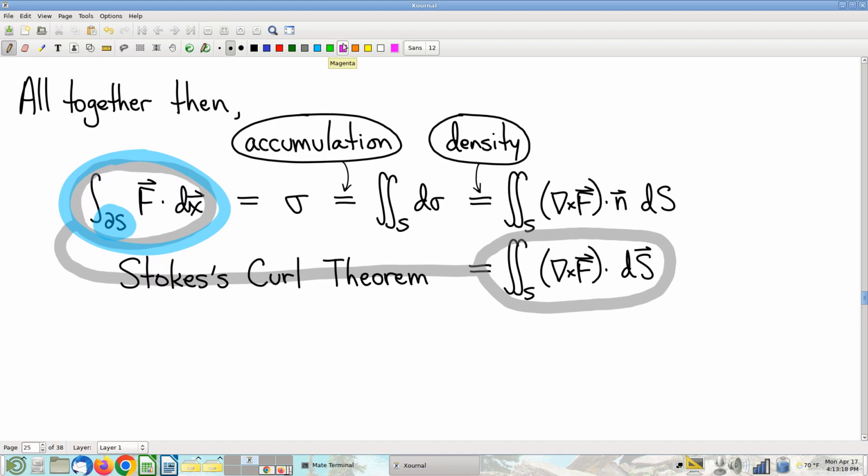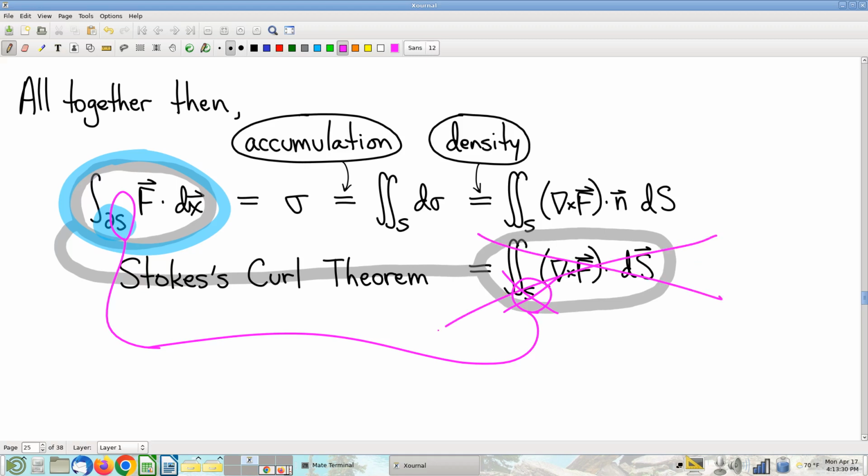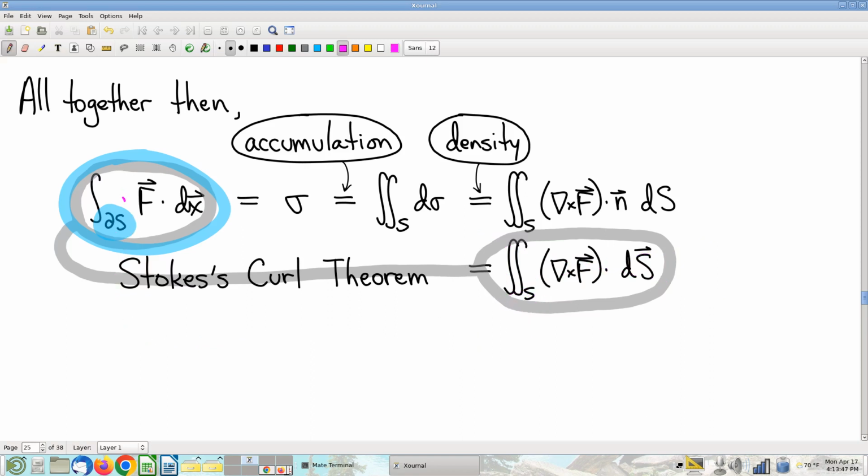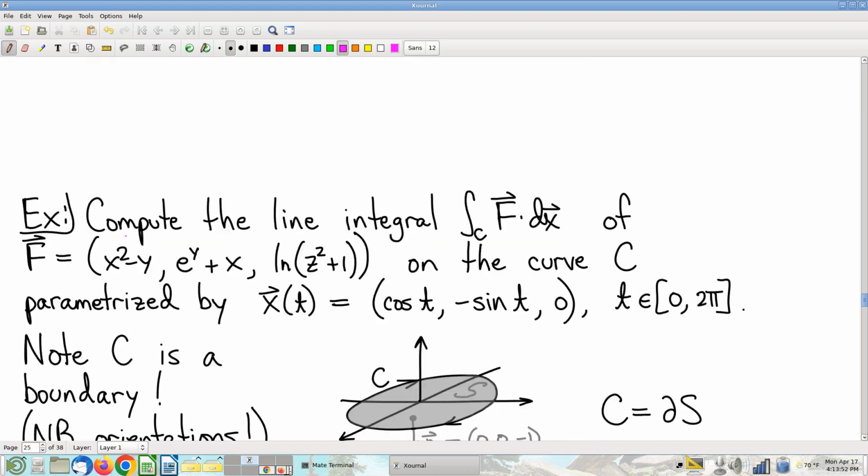If it's not a boundary, then there is no surface whose boundary is that curve. And if there is no surface, then there is no flux integral to be computed. Right? So again, it's not that these things will be different if it's not a boundary. No, it's that there is no flux integral at all to even be entertained. Very importantly, only boundary circulations. Okay, all right, with that in mind, let's do our first example.